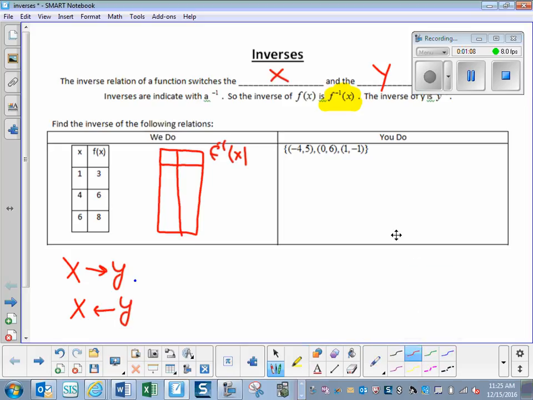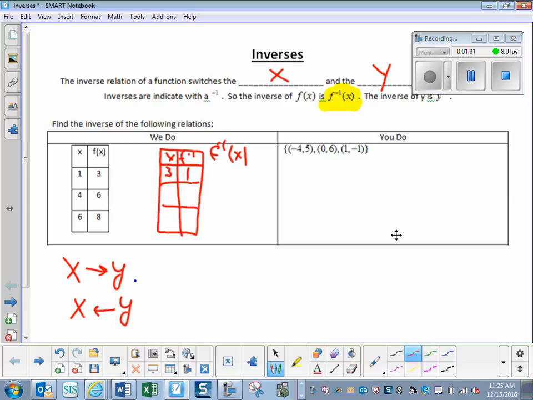Okay, so if I have data points for my original function, x to f of x, for the inverse one I need to switch those data points. So my y becomes my x, and my x becomes my y. So instead of (1,3), I will have (3,1).